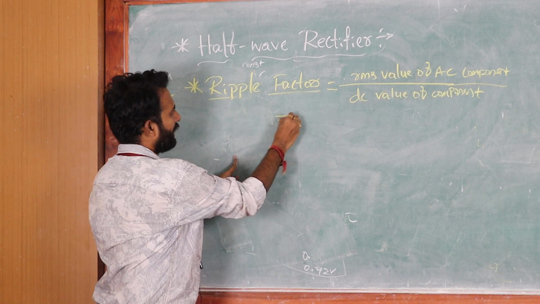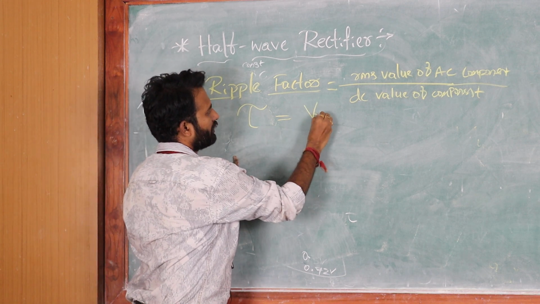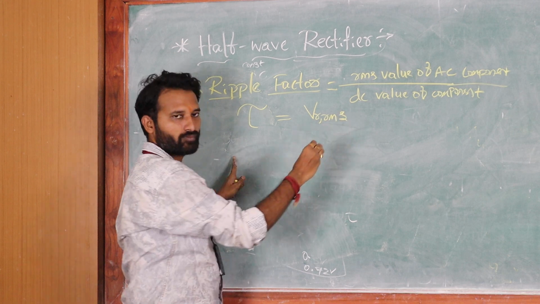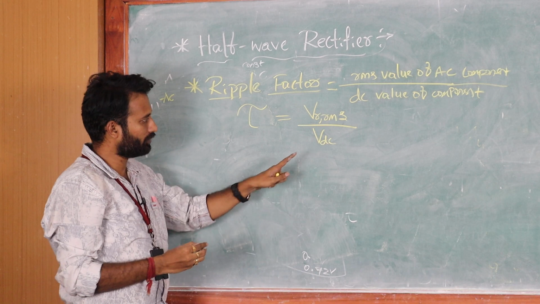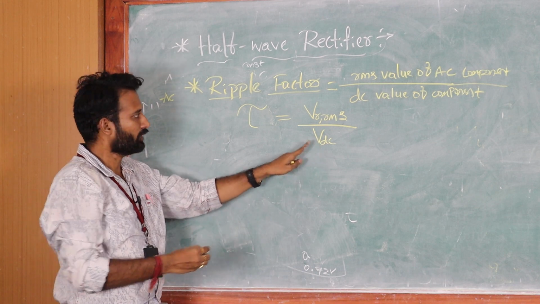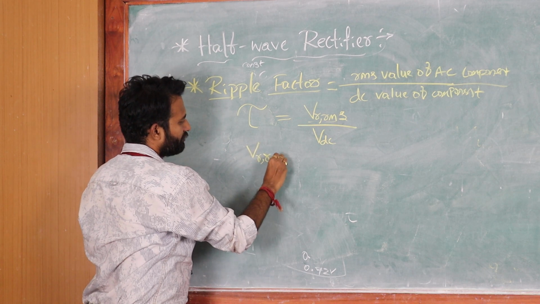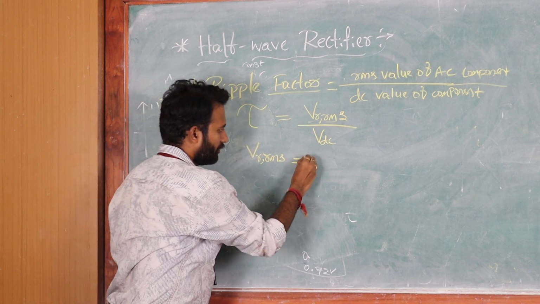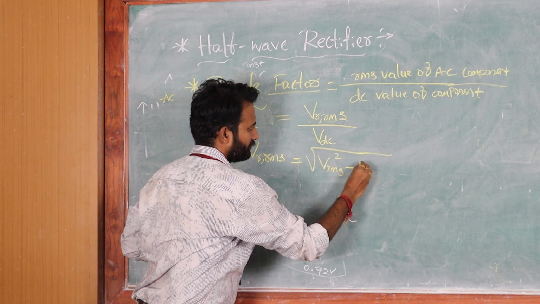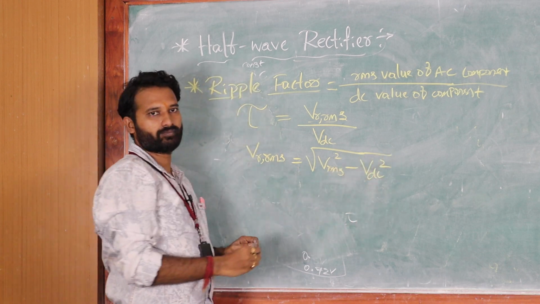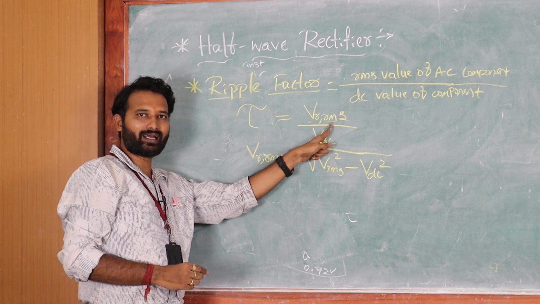So this I can write as: ripple factor, denoted as tau, is equal to V_R,RMS divided by V_DC, that is our average voltage. And technically we know that V_R,RMS is equal to the square root of V_RMS square minus V_DC square. This is the standard formula for V_R,RMS.